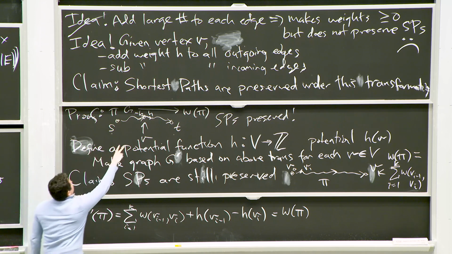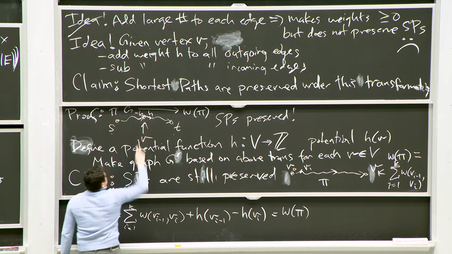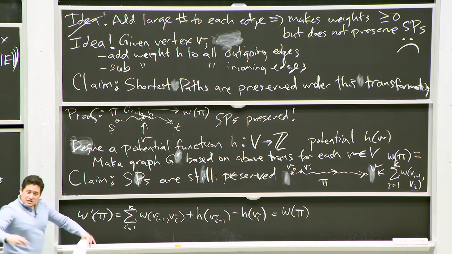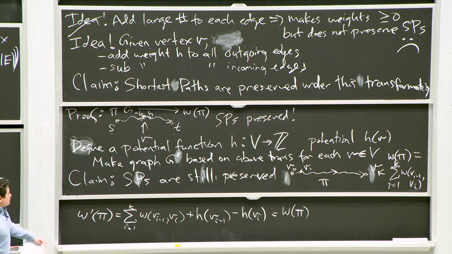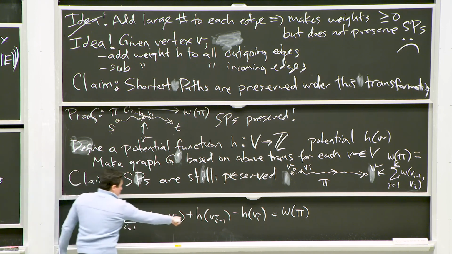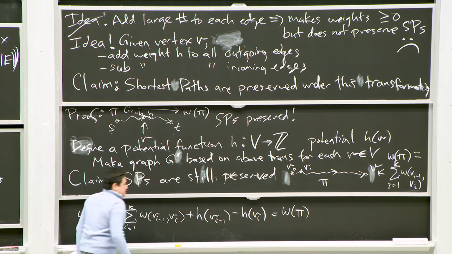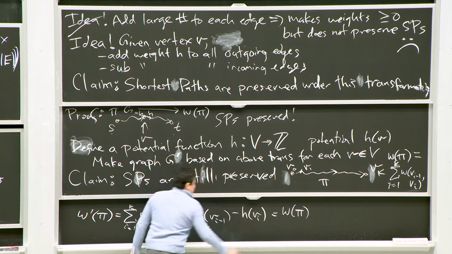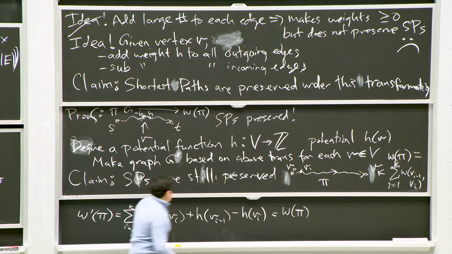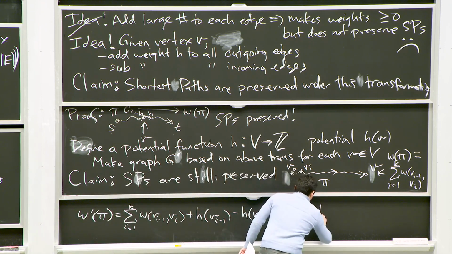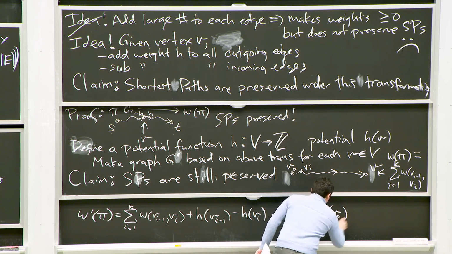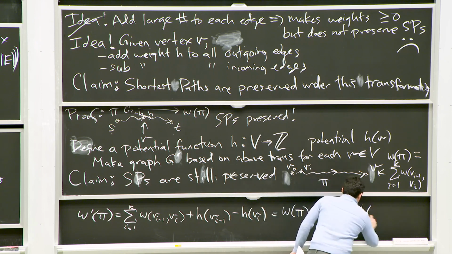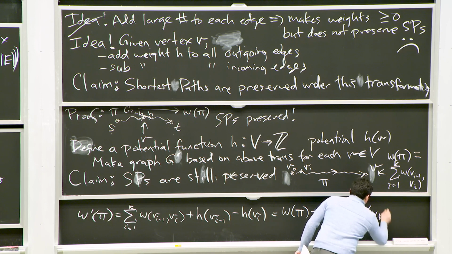Along the path, all the incoming and outgoing edges cancel out, right? So we're left with only adding the potential at the starting vertex and subtracting the potential at the final vertex, right? So we've got add h of v0 minus h of vk.